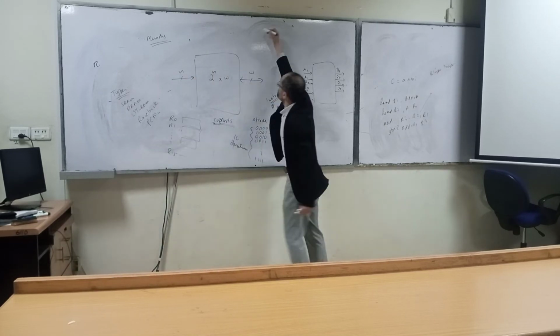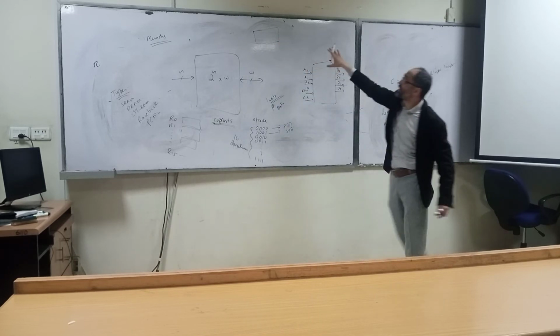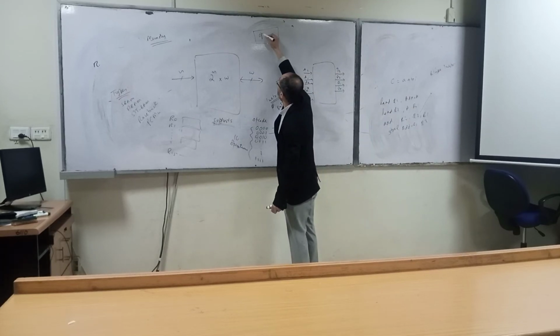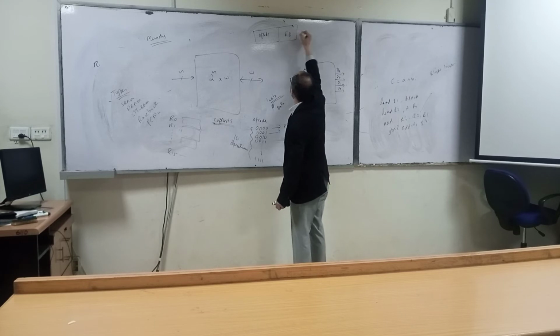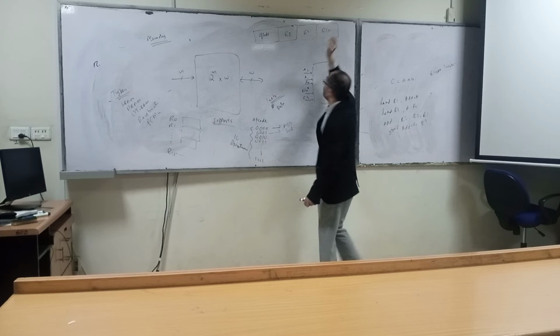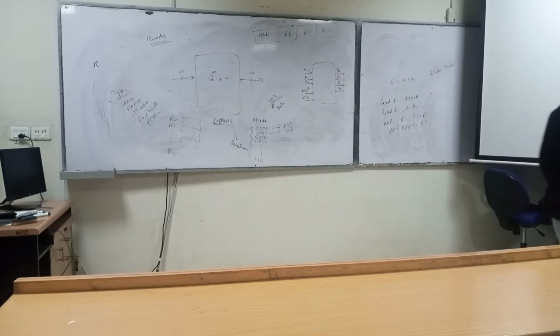So if you look at the instruction set encoding, let's assume I am giving a static example of a very simple instruction. Let's assume this is an opcode, RD, RS1 and RS2. What does RD stand for? Destination register. What does RS1 stand for?